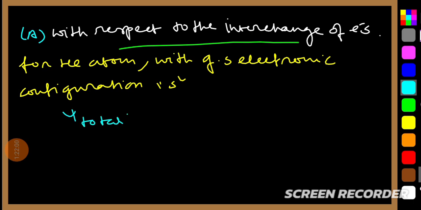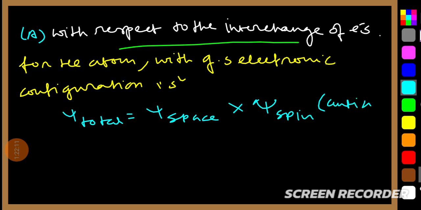Psi total means psi spatial part times psi spin, and that should be antisymmetric. Okay, this is the first equation.